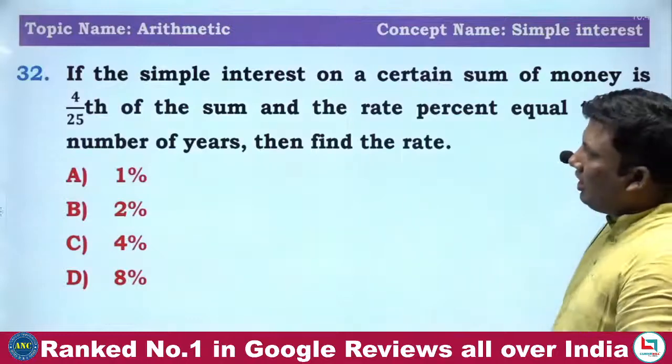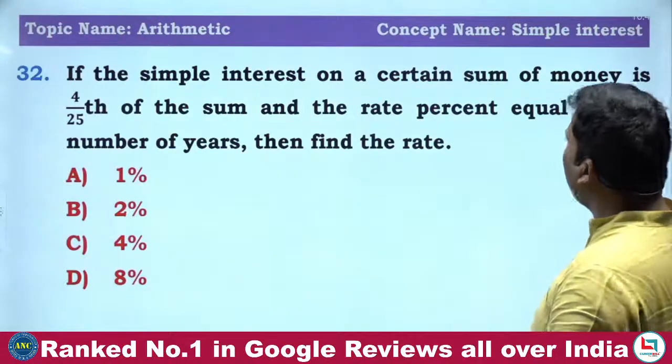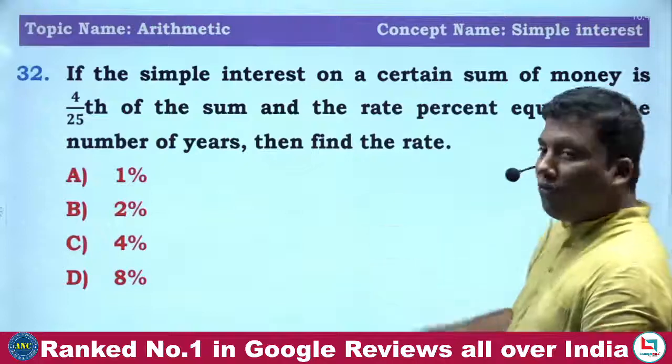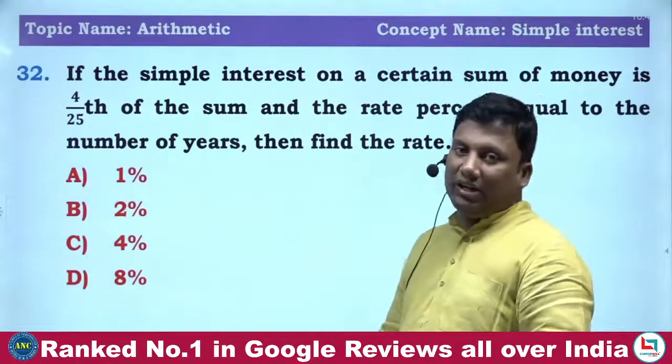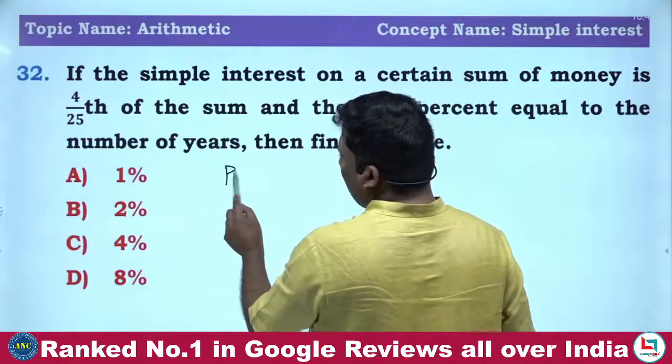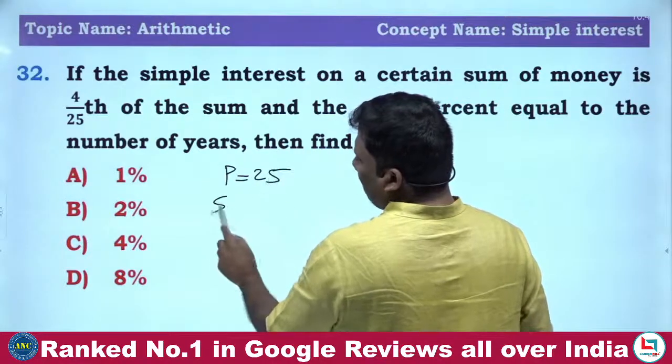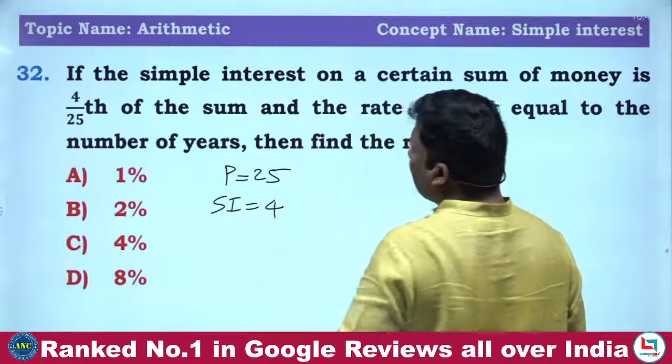Next one. See here. If the simple interest on a certain sum is 4 by 25th of the sum, that means principal is 25 and simple interest is 4. What else is given?